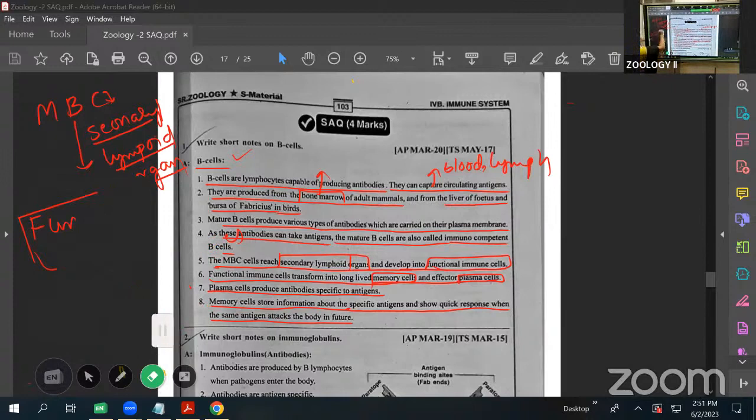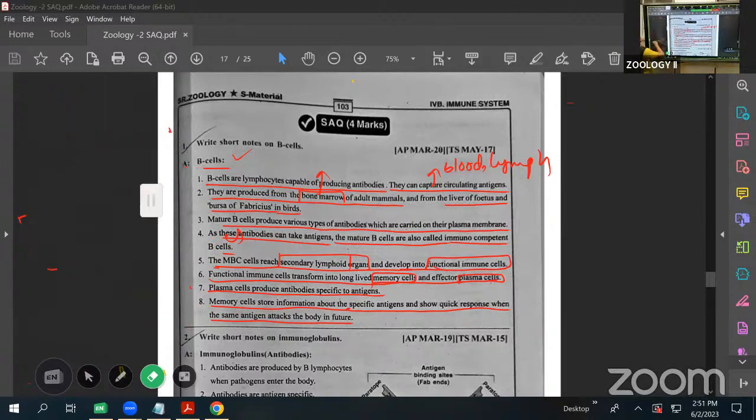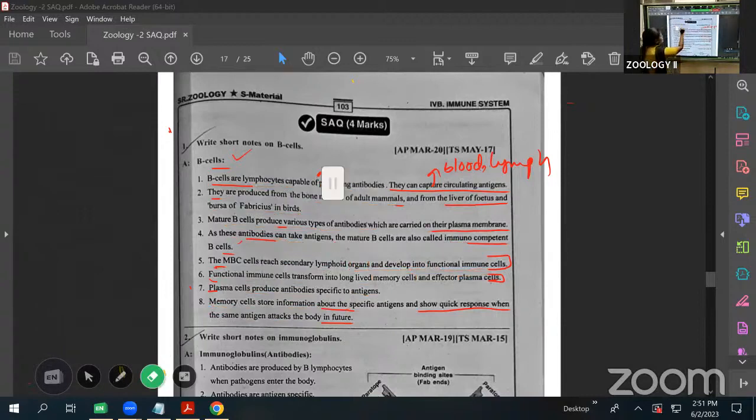Next, since time is there, one more VSAQ we discussed, one more VSAQ: diabetes mellitus. Next, the difference between diabetes mellitus and diabetes insipidus.